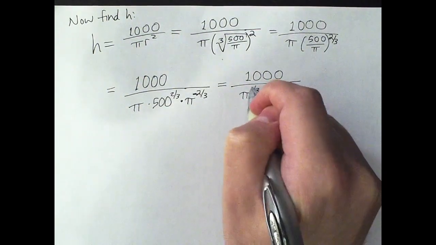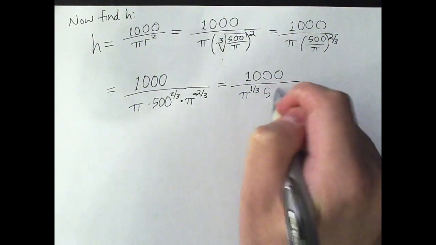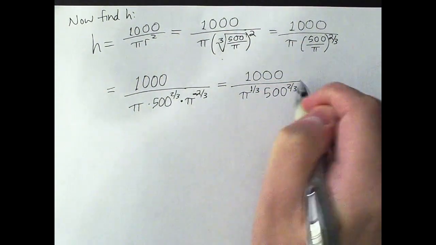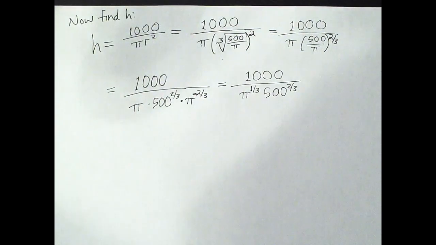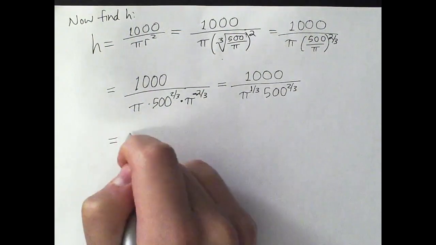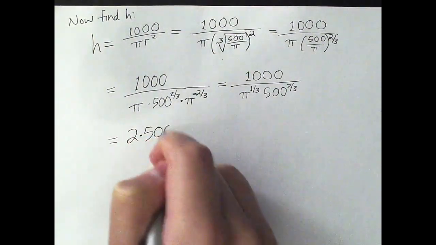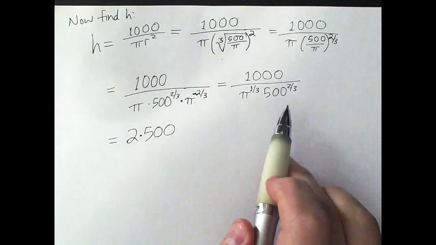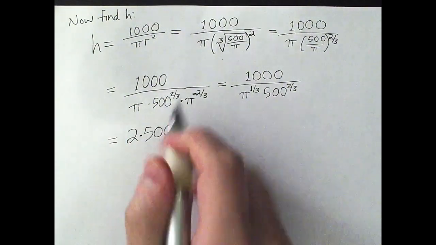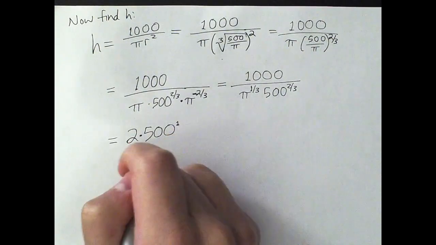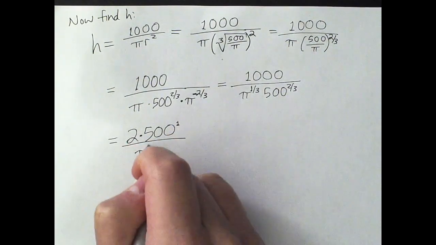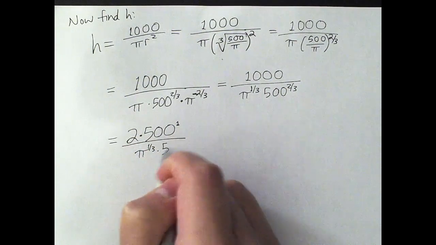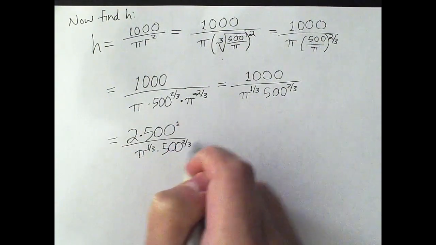But also, what can we do about this 500? Because now that we wrote it this way, I see 1,000 and I see 500, and I'm like, well, they should probably go together in some way, right? Because up top, the 1,000 could be thought of as 2 times 500. And then on the bottom, we've got 500 to the 2/3. So this is 500 to the 1. This is 500 to the 2/3.